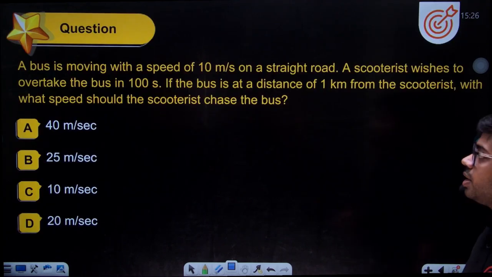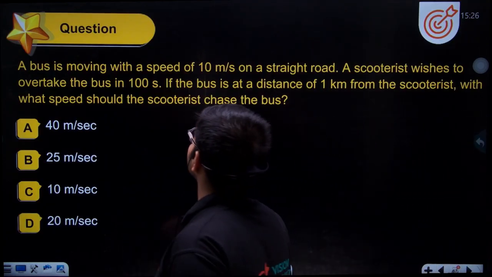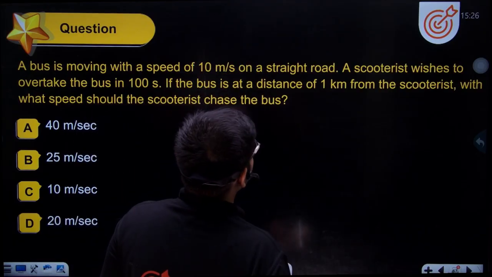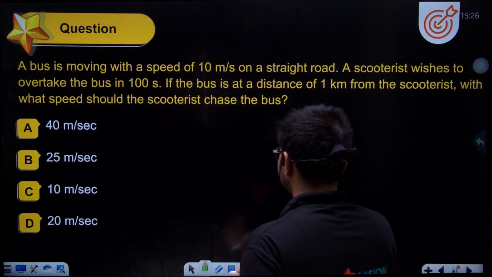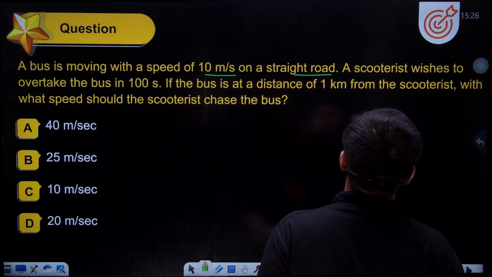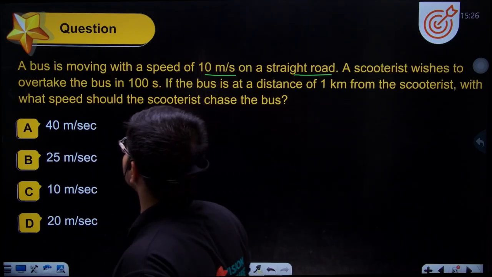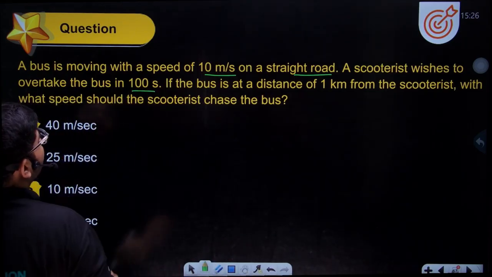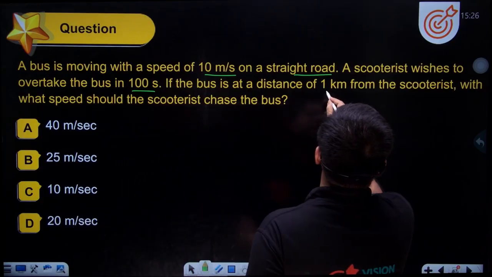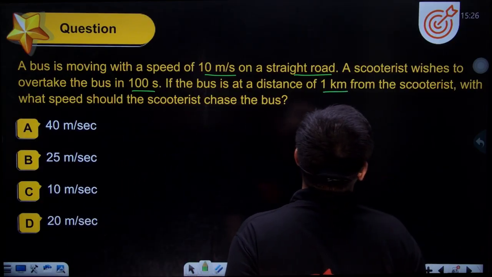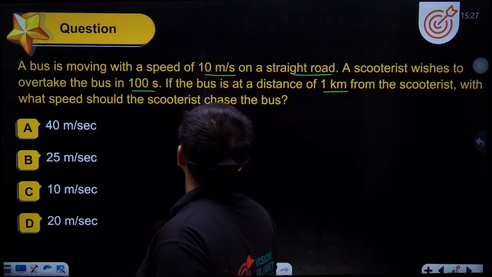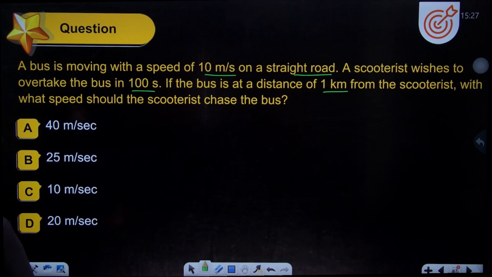Okay. Now a bus is moving with a speed of 10 meter per second on a straight road. A scooterist wishes to overtake the bus in 100 seconds. If the bus is at a distance of 1 kilometer from the scooterist, with what speed should the scooterist chase the bus?